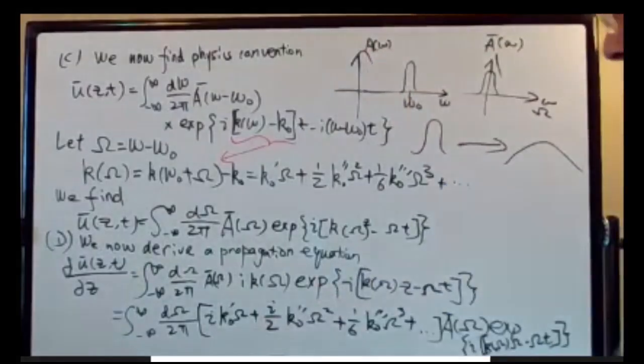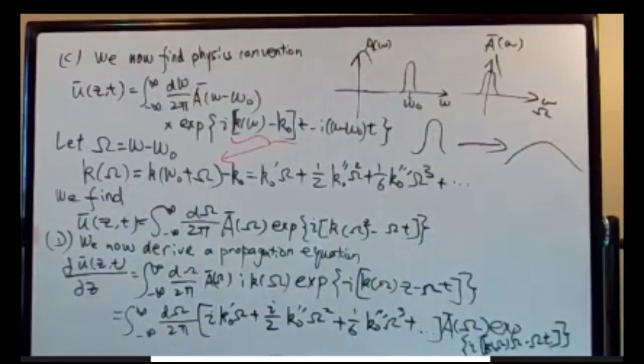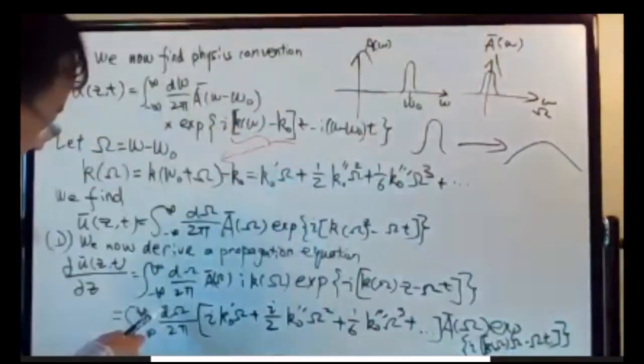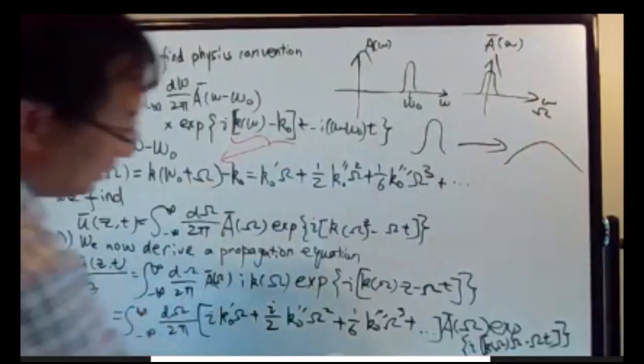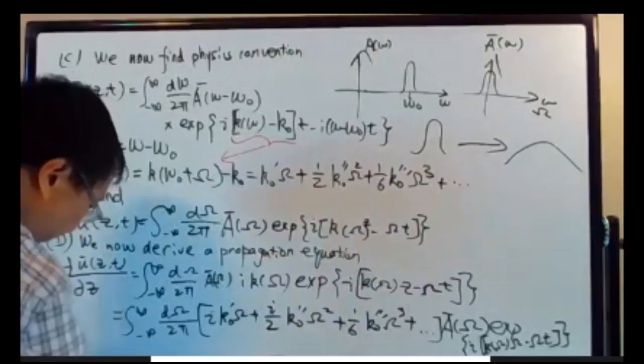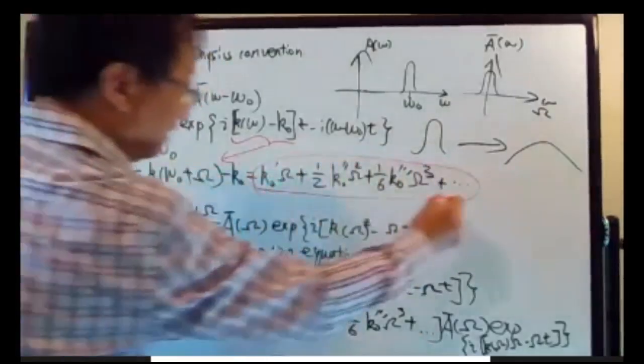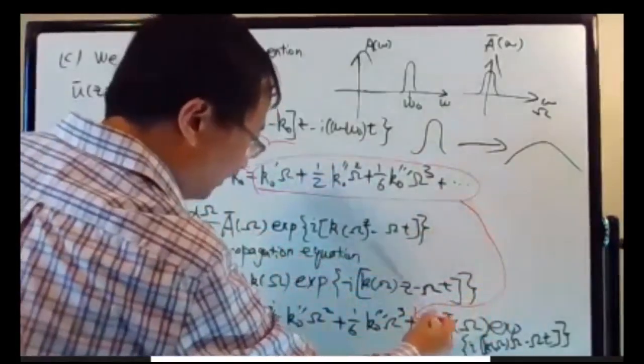So this piece equals the integral from negative infinity to infinity of d omega over 2 pi. This big chunk is from here, and we move this big chunk to here.